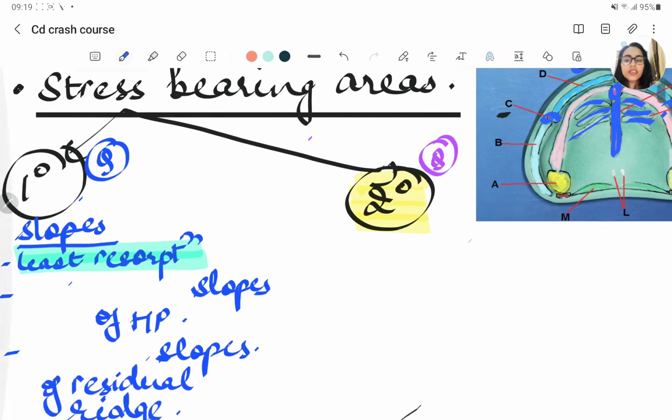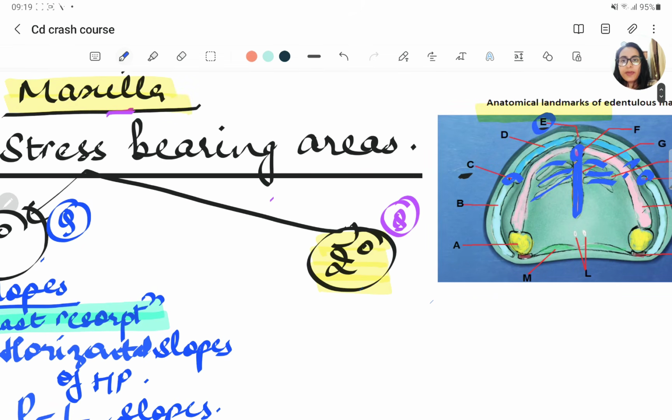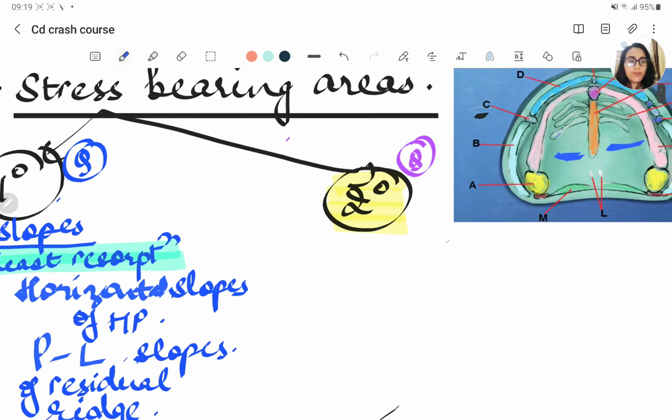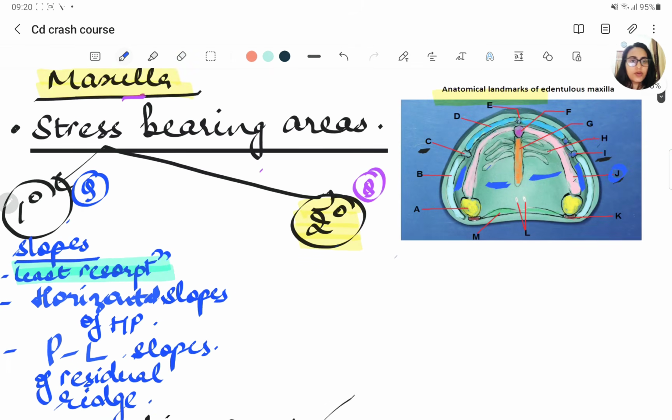So wherever you see the slopes, for example, the horizontal slopes of the hard palate, and the posterior lateral slopes of the residual ridge. These are the horizontal slopes, and also the posterior lateral slopes that are present on the residual ridge. In the mandible, we have the buccal shelf area, which is also a stress bearing area.